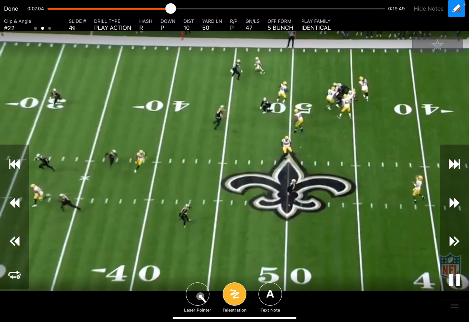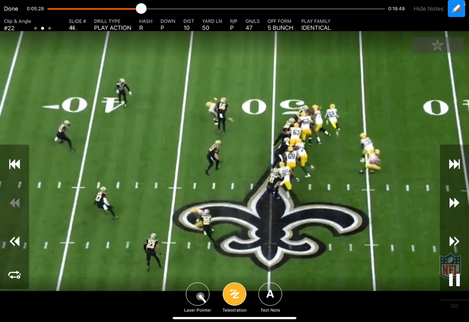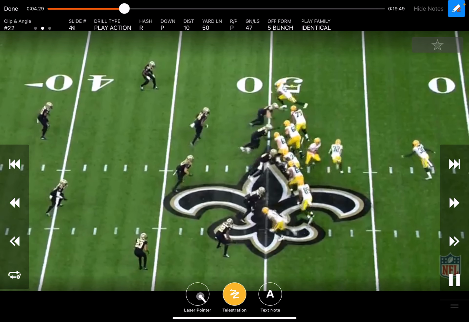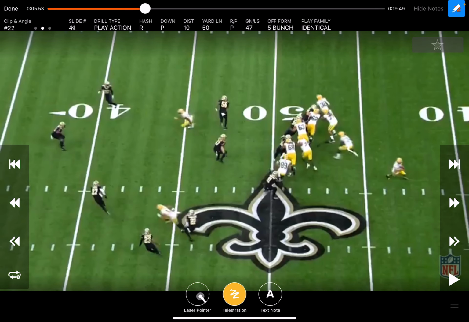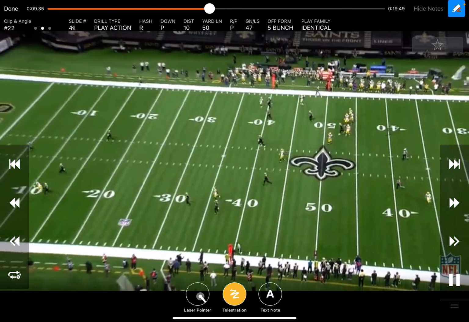He faked the run play, and now you see defenders hesitating because of the run action. They've got their eyes in the backfield too long, allowing this guy, even if it was just for a second, to beat him over the top. He was able to outrun that guy because he had to hesitate for just long enough to make sure it wasn't a run.